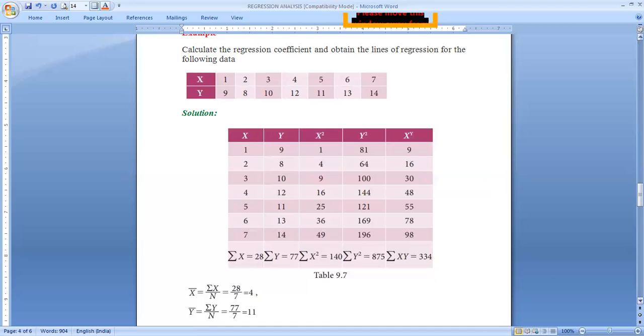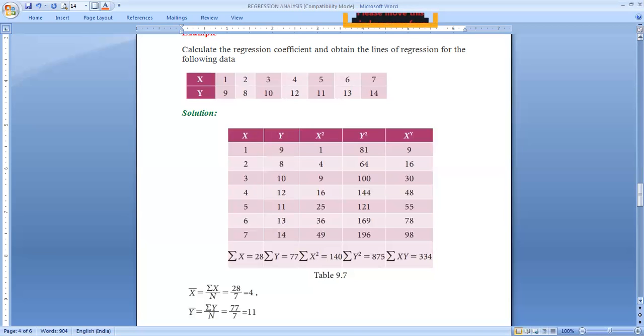So we are making a table for these variables: the given values of x are 1, 2, 3, 4, 5, 6, and 7, and the given values of y are 9, 8, 10, 12, 11, 13, and 14.